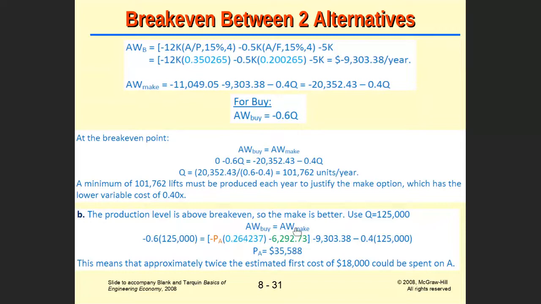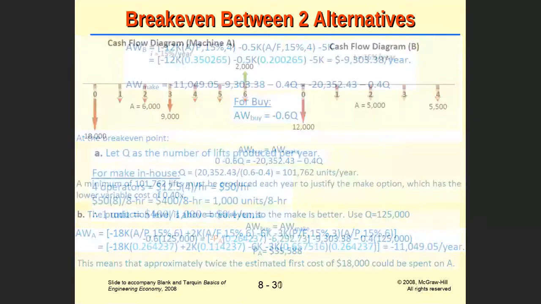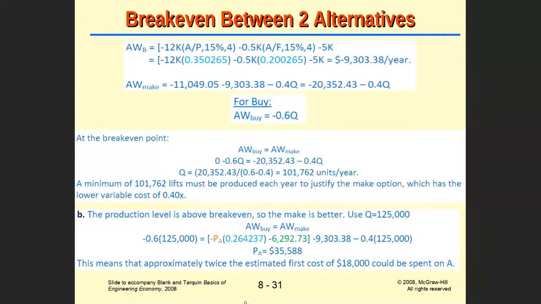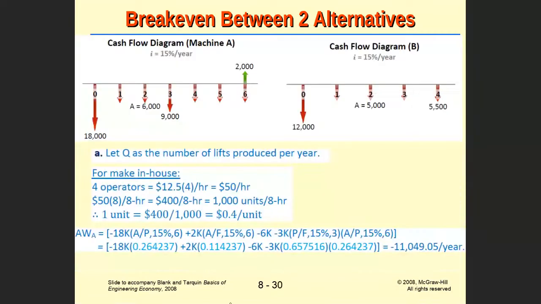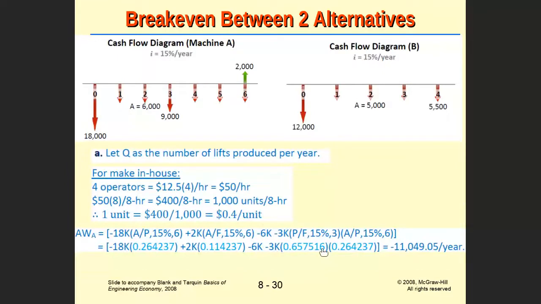The only change will be for the making option on machine A, on this part only. The 18,000 will be considered unknown, and we refer to it as PA. We put the value of the converters A given P, 15% and 6.264 as is, no changes. All the remaining values here will remain the same.